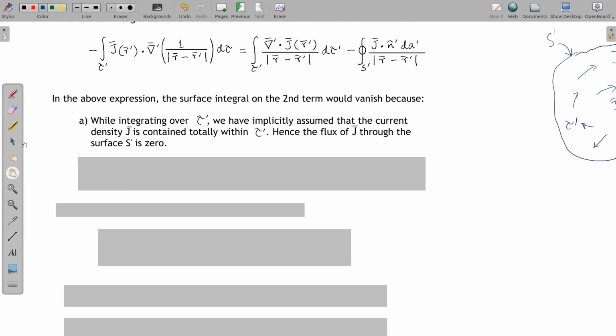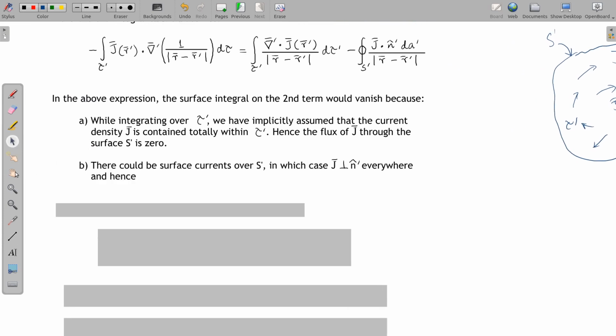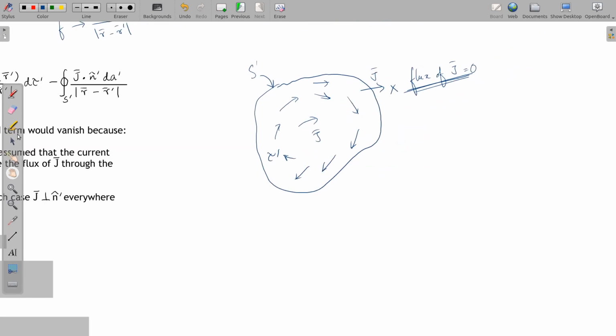But even if we have some kind of a surface current, let's say some surface area, and then let's say there is some surface current, K, which you could just write as J. Because the surface current is perpendicular to the normal to that surface, their dot product again is going to be 0.